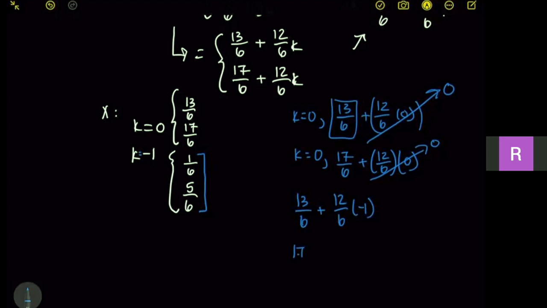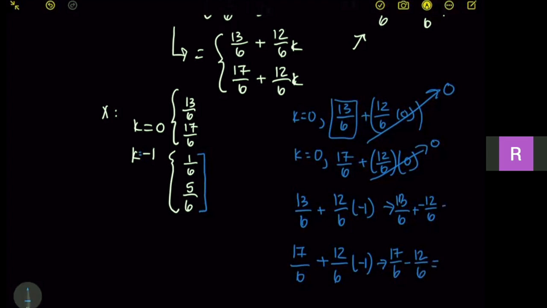And also for the second term, 17 over 6 plus 12 over 6 times -1 for k. So here, we're going to have this become 13 over 6 plus -12 over 6. And then here, we're going to have 17 over 6 minus, which we can make the plus minus into just a minus 12 over 6.